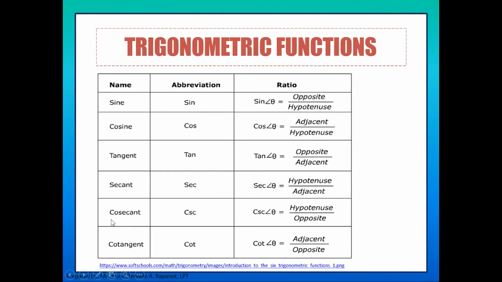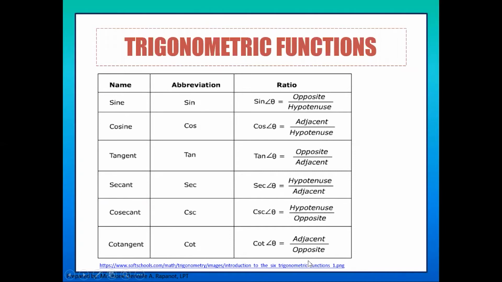We have cosecant, csc. Csc of angle theta is equal to hypotenuse over opposite, rather. For cotangent, we have cot. That's the way it was abbreviated. Cot of angle theta is equal to adjacent over opposite.